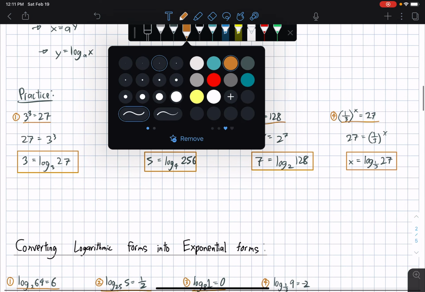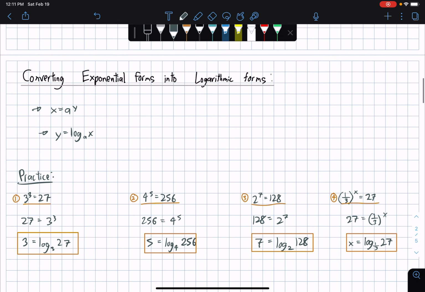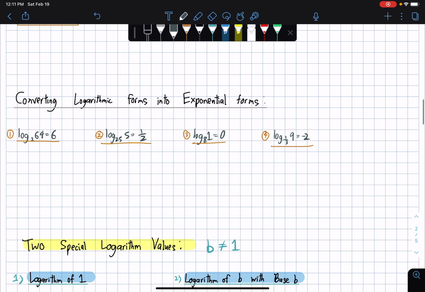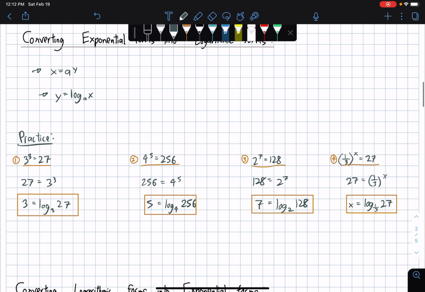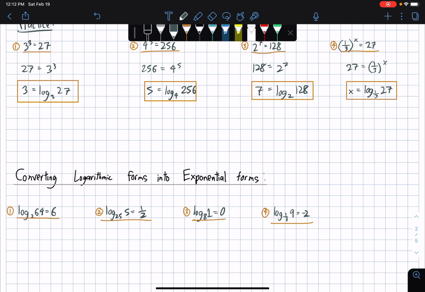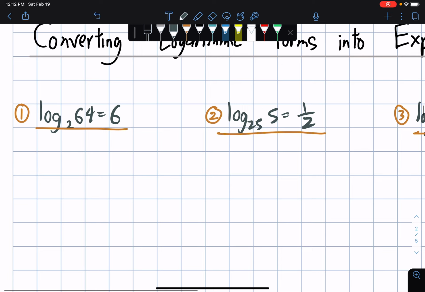Okay, now we know how we could solve exponential forms into logarithmic forms. Now, this time we have to convert logarithmic to exponential. It's basically the opposite of what we did here. So everything that we have to know when converting from log to exponential is that we still have to swap the values.